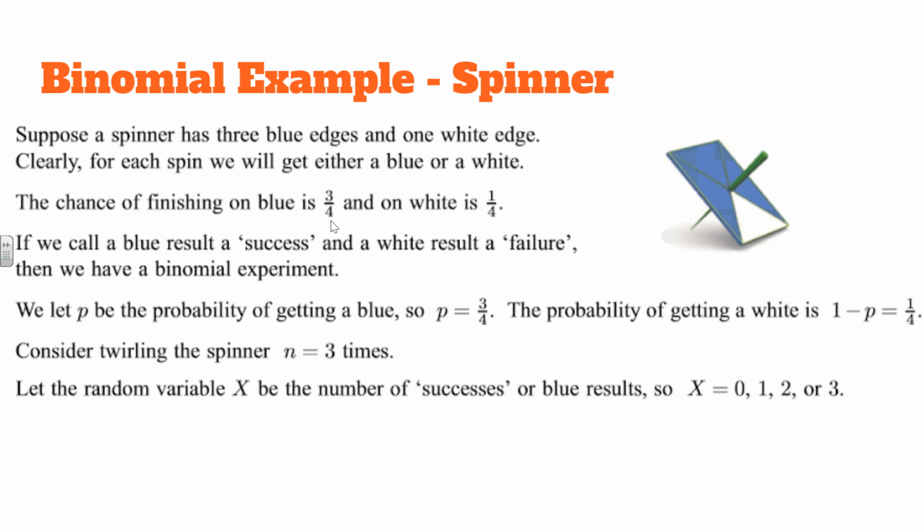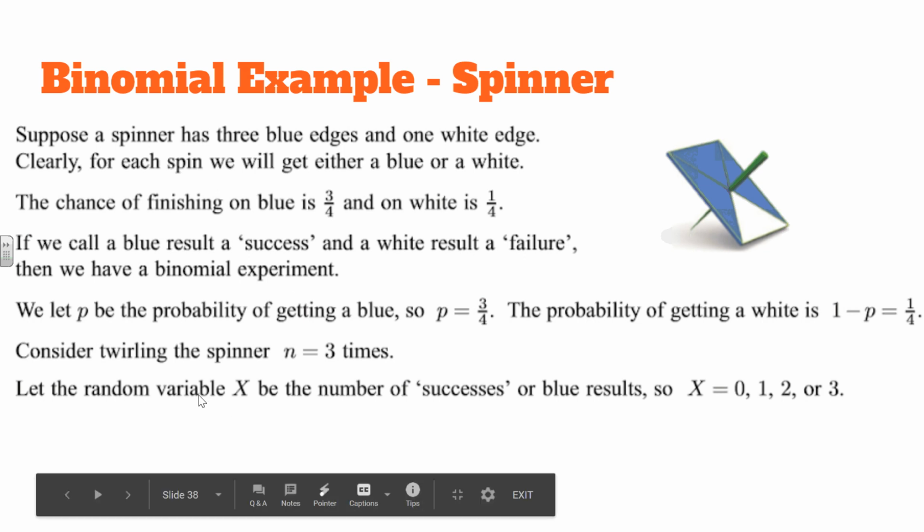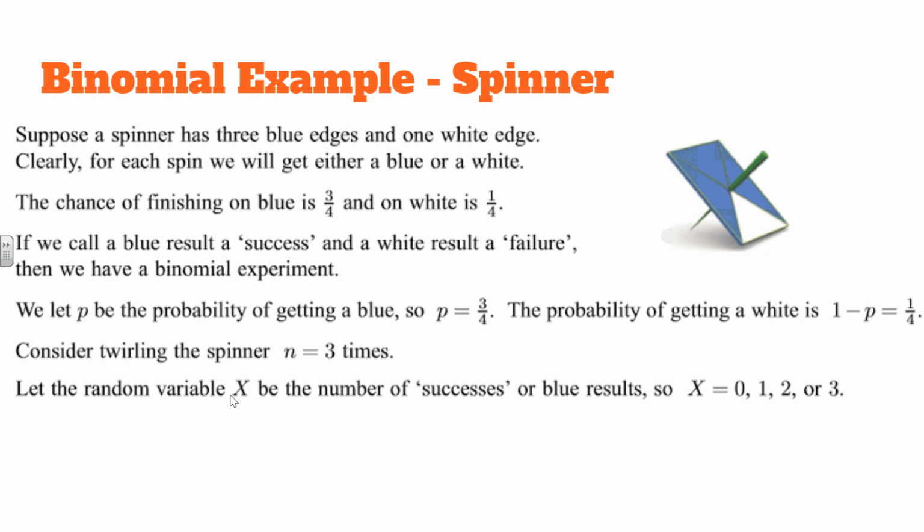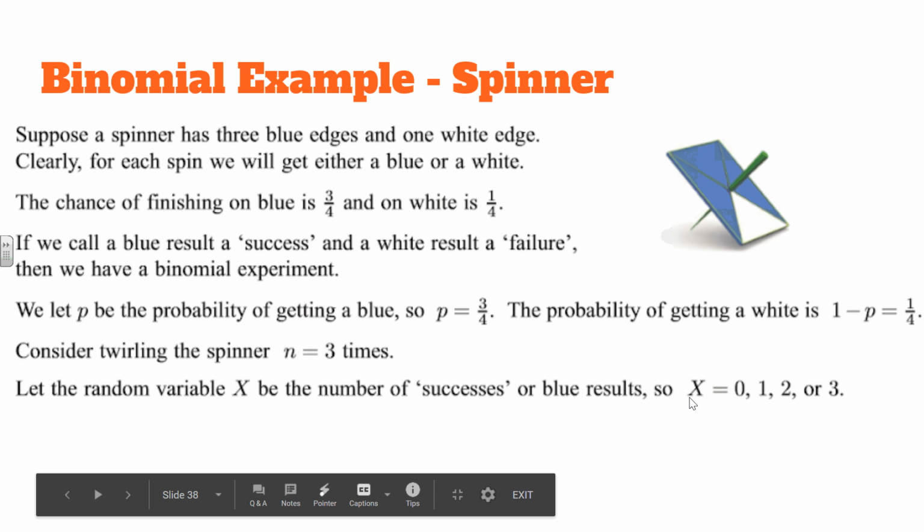So let's first define the random variable. X, the random variable, is going to be the number of successes, or the number of blue outcomes out of 3. That means X can take the values 0, 1, 2, or 3. I could have all of them white, one of them blue, two of them blue, or all three of them be blue.